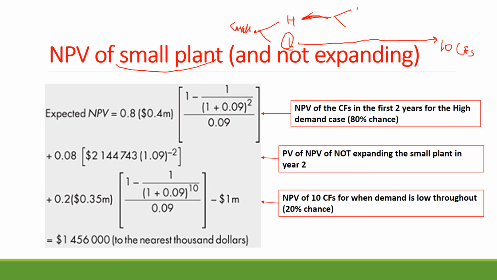We have 2 cases, we have high and low for not expanding, right? If we have a high demand for the not expanding case, our cash flow would be 0.4 million per year. If we have a low demand for not expanding, then our cash flow would be 0.035, right?